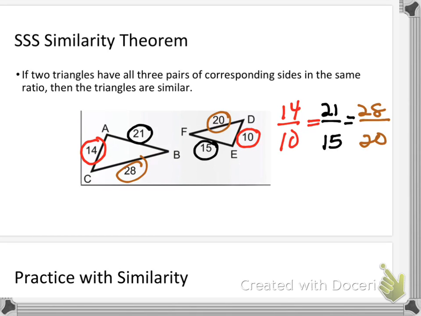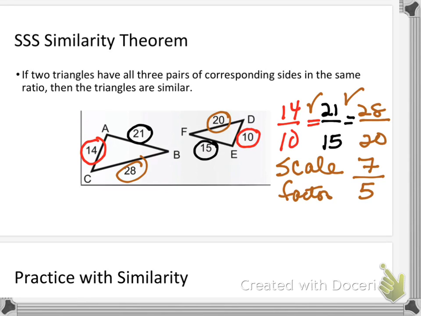So now that I know that these are all equal, because I've just checked this out with my calculator, go ahead and get your scale factor, because your scale factor is the proportion in simplest form. So I think it's probably easiest to reduce the 14 over 10. So 2 goes into 14 7 times, and 2 goes into 10 5 times. That is going to be my scale factor.